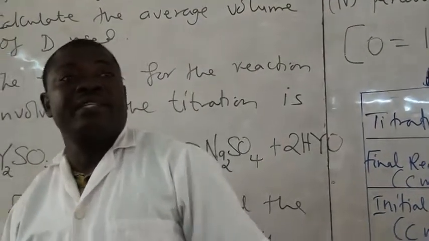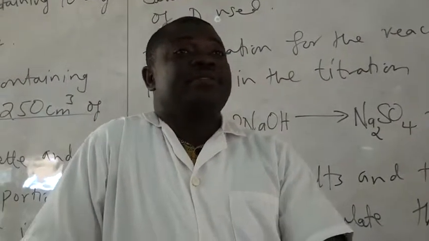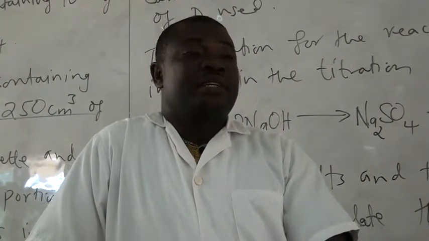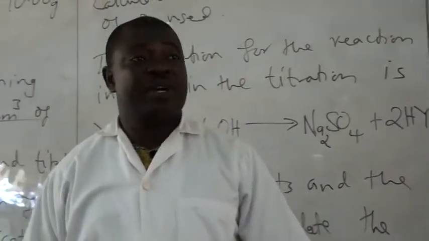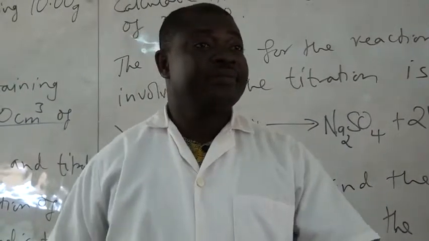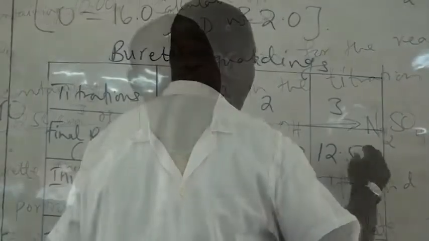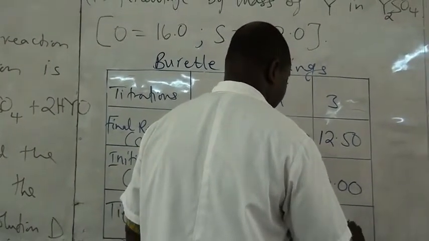Second one. That is the final value. So what is the initial? What is the titer value? Okay, so this gives us 12.5.